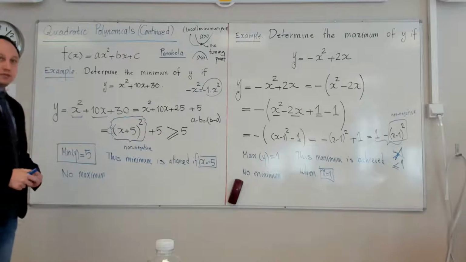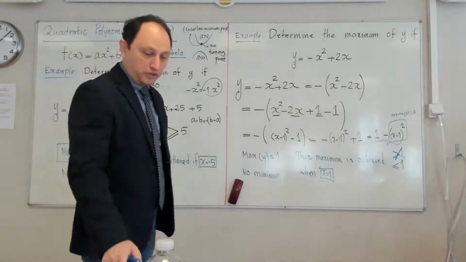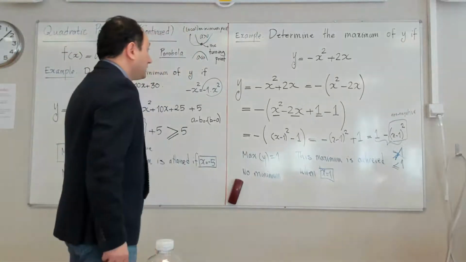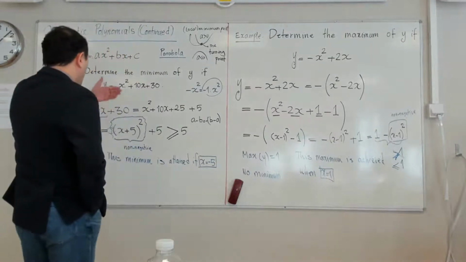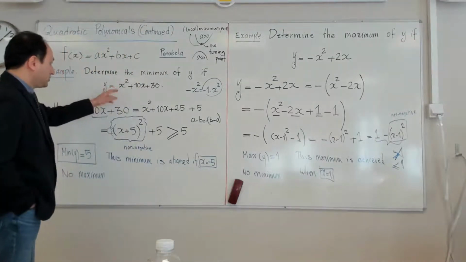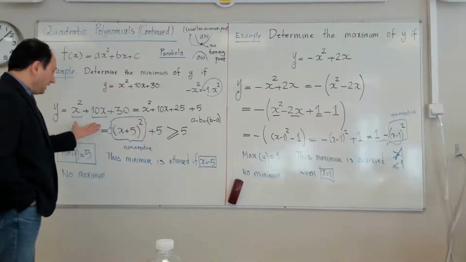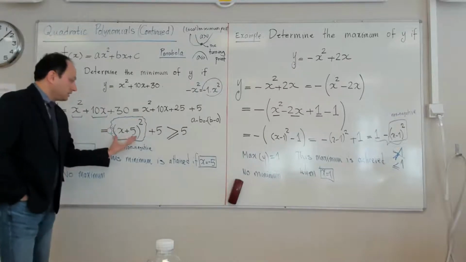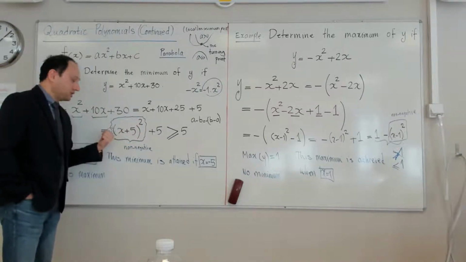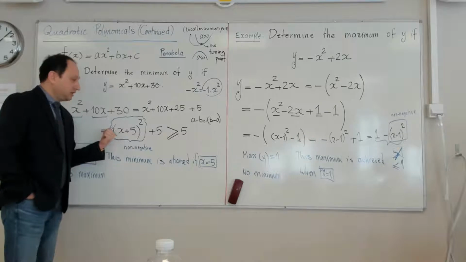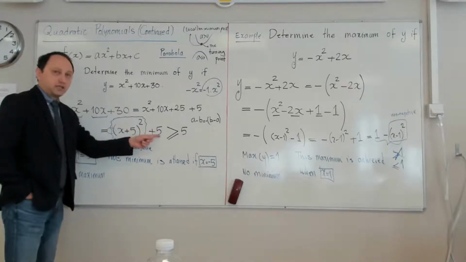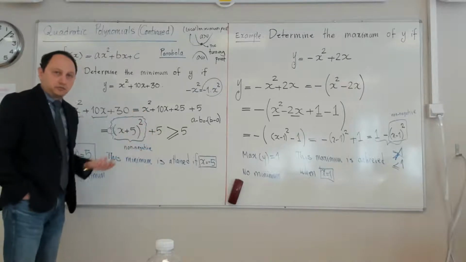So is that understandable? This is the core of what we know. So you see that I started with a positive x squared sign, and I ended up with a complete square with a positive sign behind that. And then, of course, it becomes greater than or equal to this constant. So it means that I have a minimum.